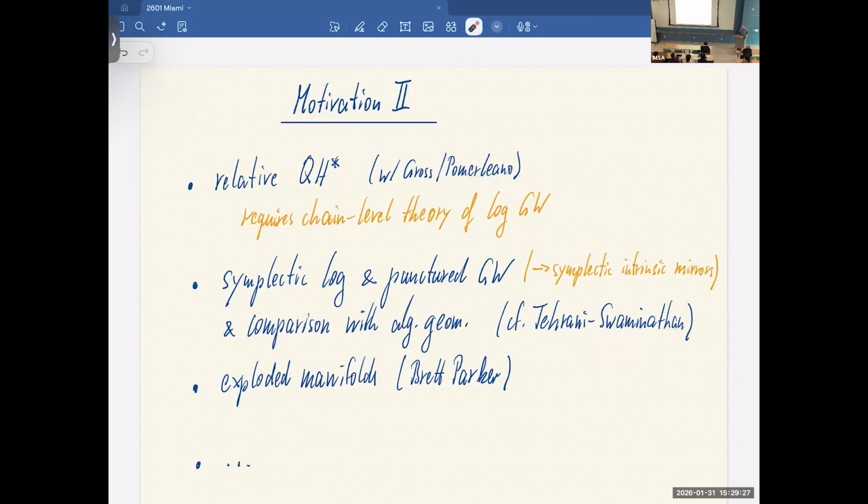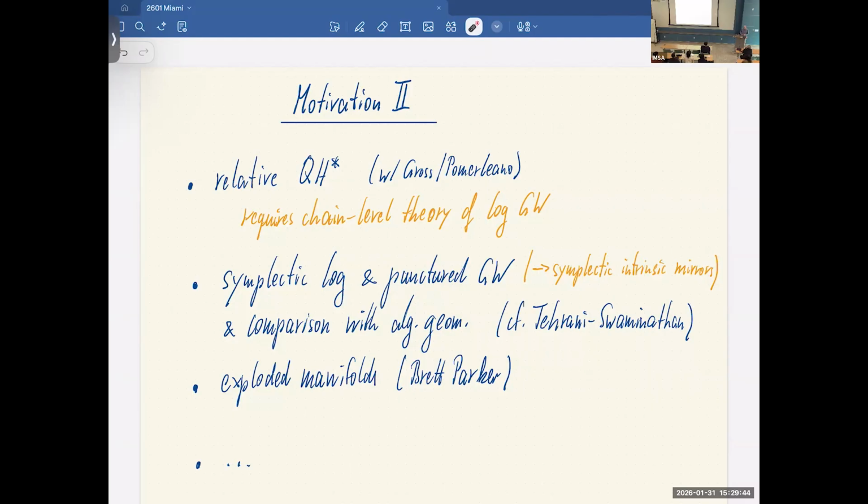And Mohammad Tehrani and Mohammad Swaminathan are working on this as well, from a slightly different point of view of Tehrani, that requires less regular, less special almost complex structures.